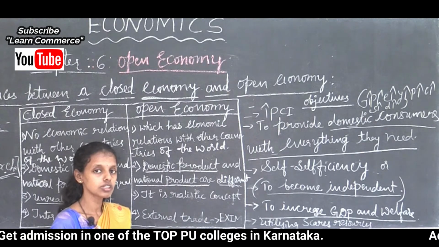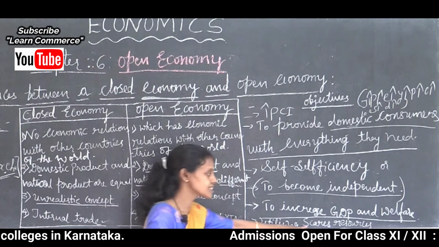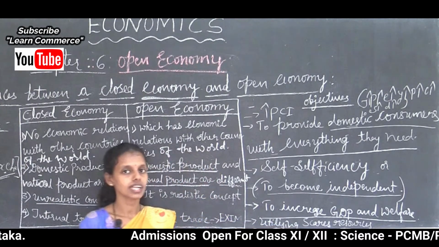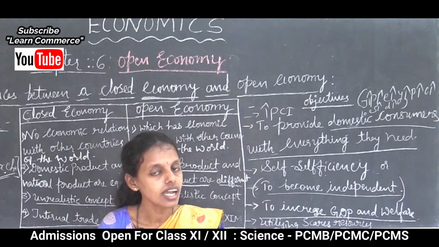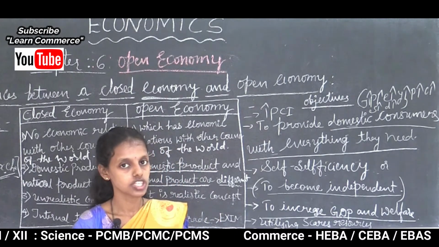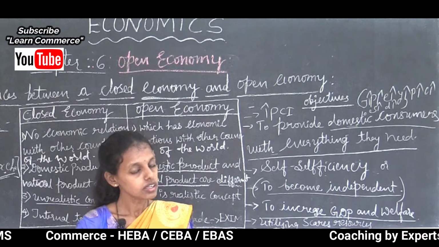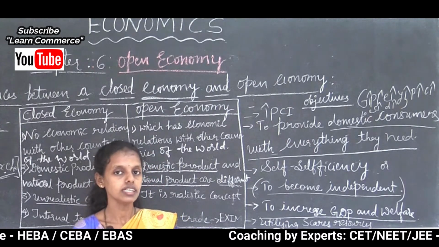Thus the closed economy concept is better for a country like this, because for utilizing scarce resources and natural resources in a gentle manner, it is essential to deal with a closed economy, using our own resources and producing the goods within the country.